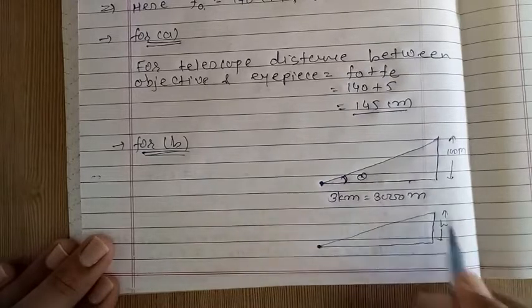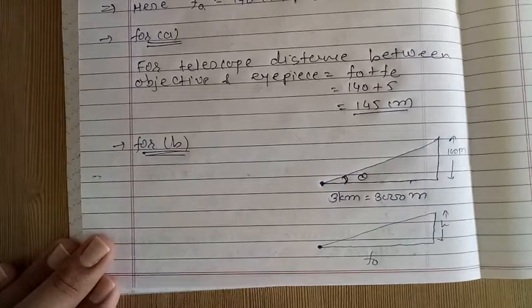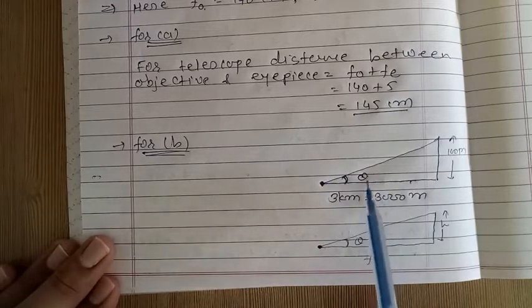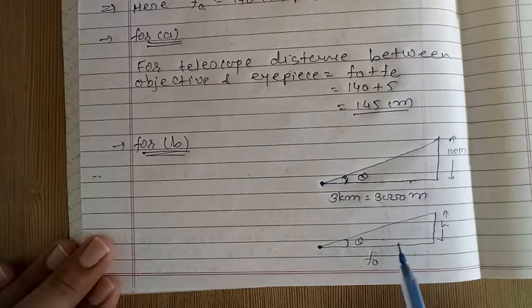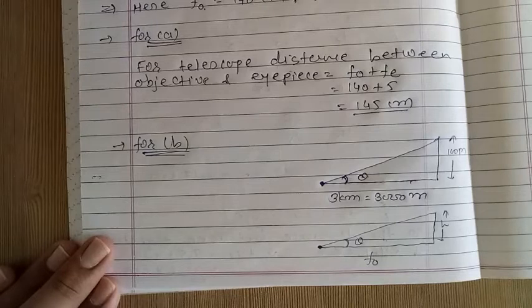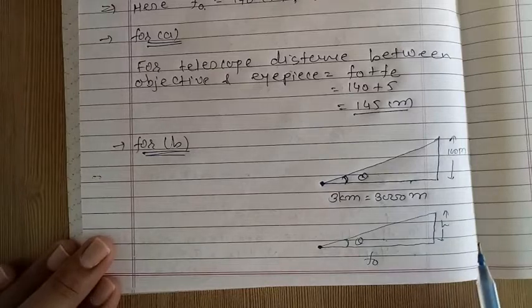And this is the distance, we know the focal length of the objective. Here there is some angle theta, so in both cases the angle theta is the same, right? So we know the formula of plane angle. You already studied this formula in your standard 11, right?